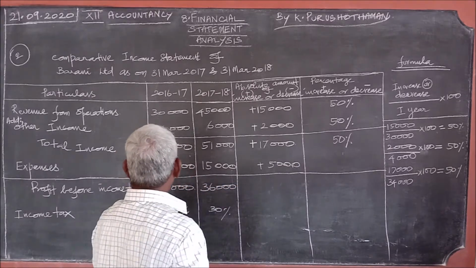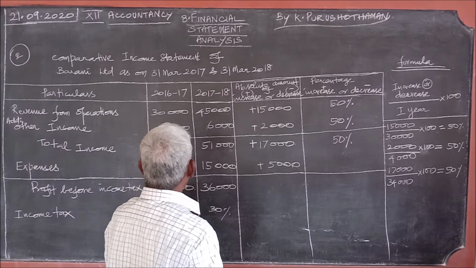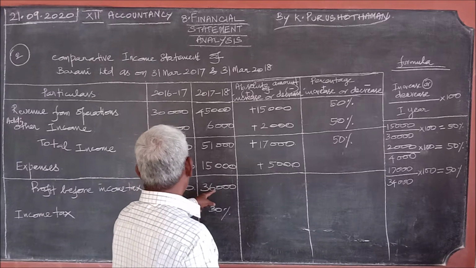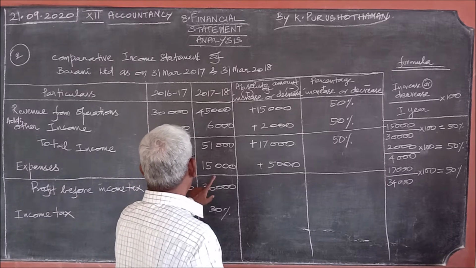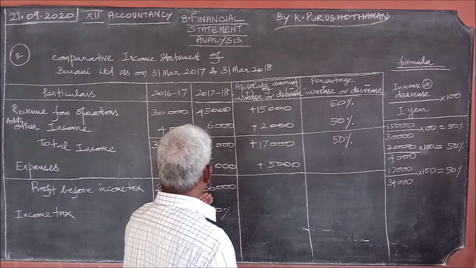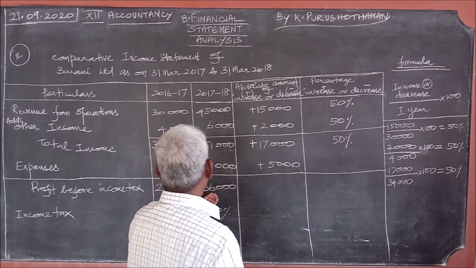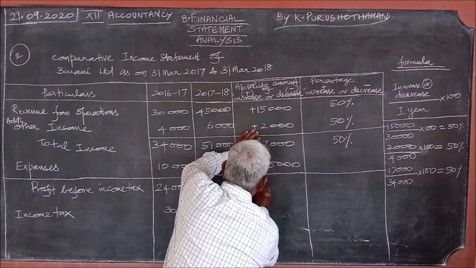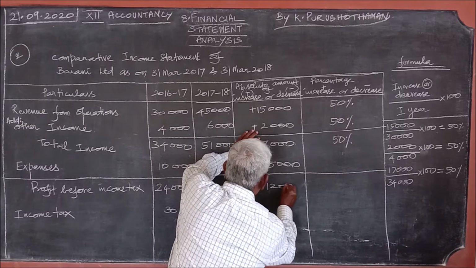How much is the increase in profit before tax? First year 24, second year 36, only increase. Therefore 36 minus 24, 12,000. It is increased, therefore 12,000.